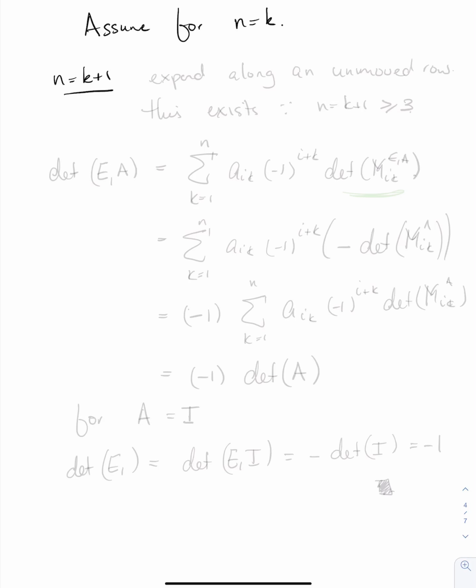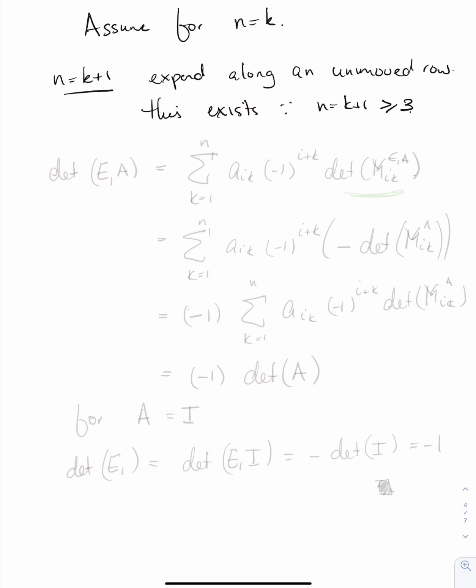Just like in the proof that we explored before, we're going to expand along an unmoved row. Why do we know that such a row exists? This exists because n was greater than or equal to 2 to start, so n equal to k plus 1 has to be greater than or equal to 3.